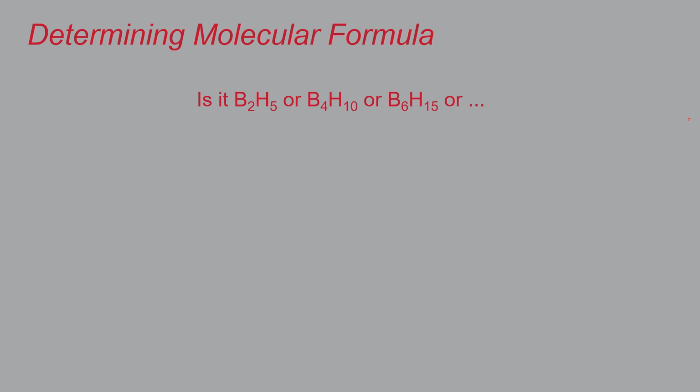So the idea is that the molecular formula could be B2H5, or it could be any multiple of that that gives you the same ratio. So it could also be B4H10, or B6H15, or B8H20 for that matter.